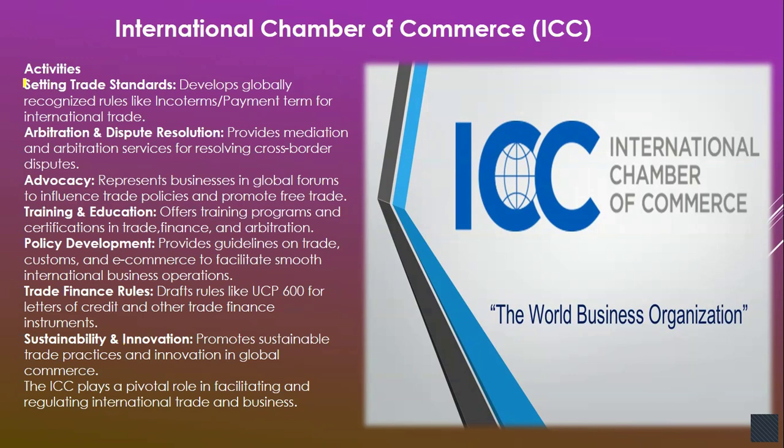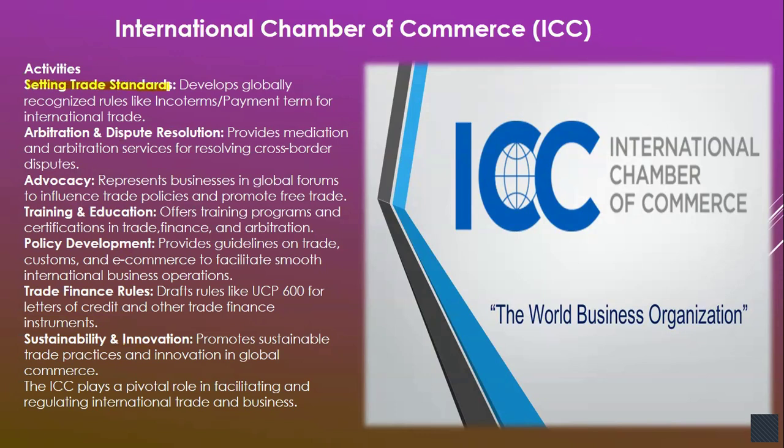The key activities are setting trade standards, arbitration and dispute resolution, advocacy, training and education, policy development, trade finance rules, sustainability and innovations. So these are the key activities handled by this world business organization called ICC, the International Chamber of Commerce. Let's discuss one by one.